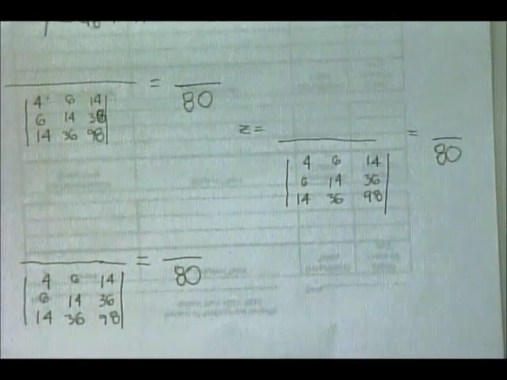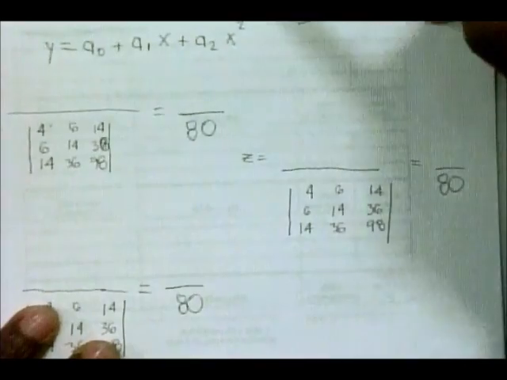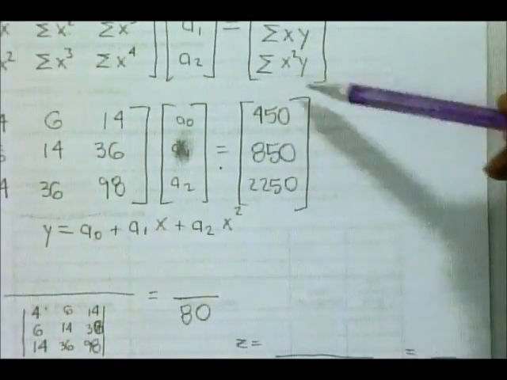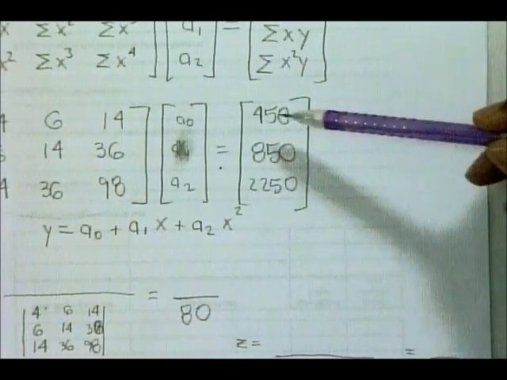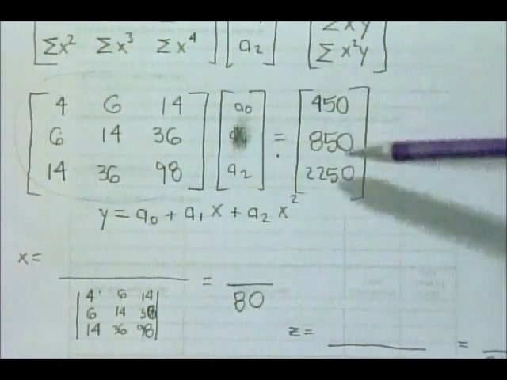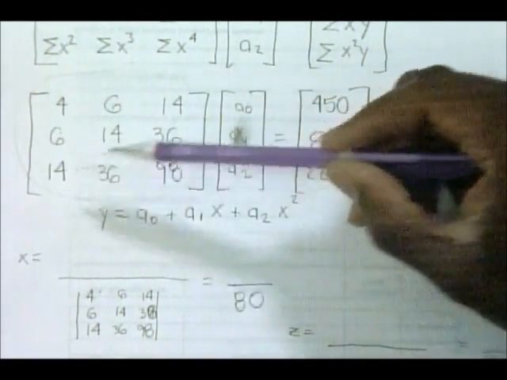Now, the way you get the numerator is to take these constants here, and if you're solving for x, you replace the x column with these constants.